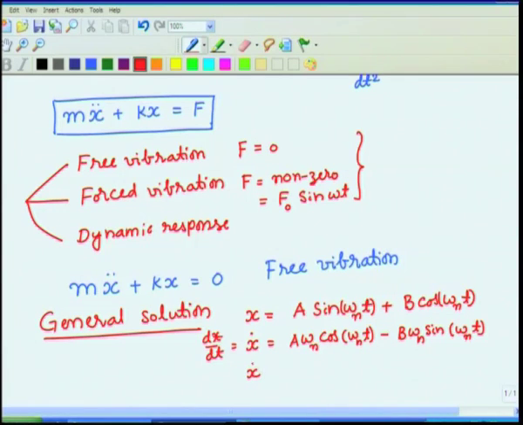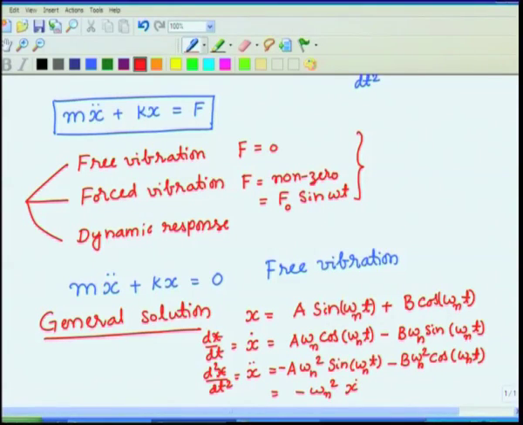Now, if I take another derivative, x double dot, that is d square x by dt square, is minus a omega n square sin omega n t minus b omega n square cosine omega n t. So, what we got is minus omega n square times x itself; if we take minus omega n square out, we get x back.